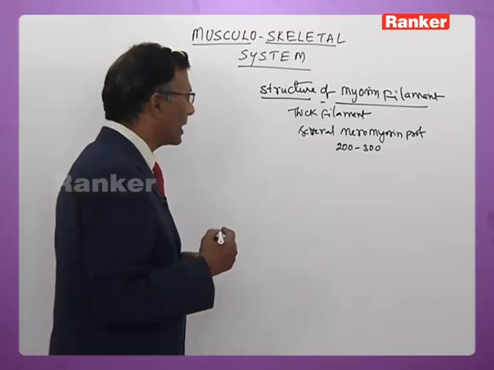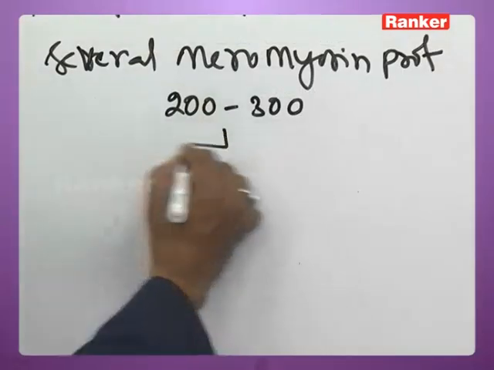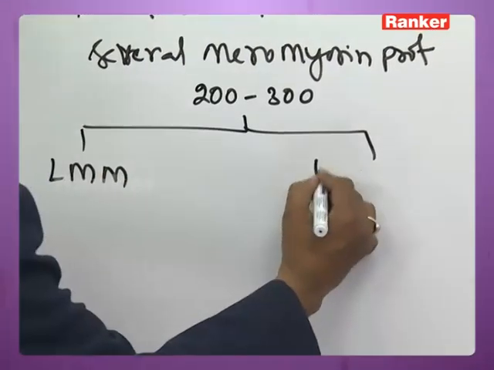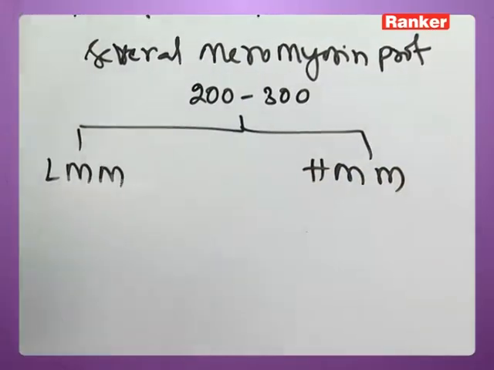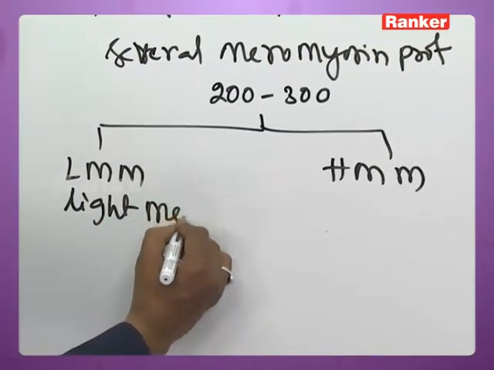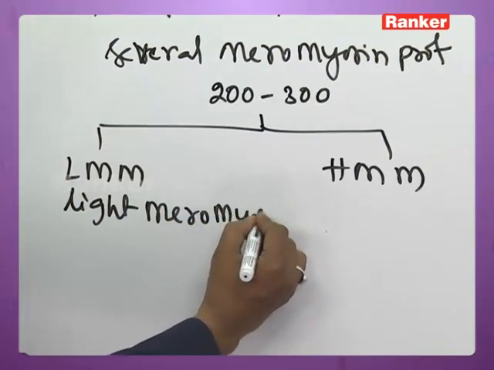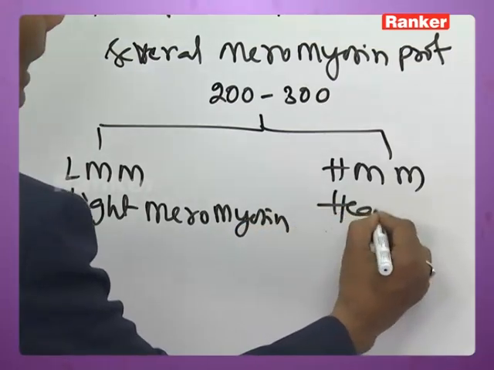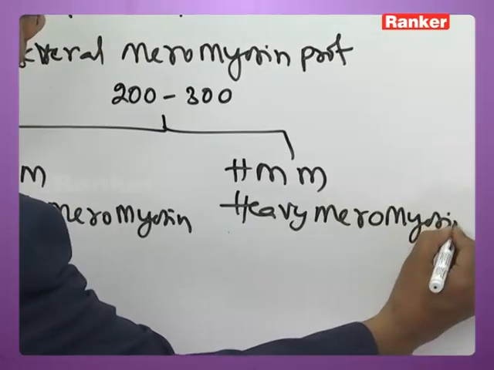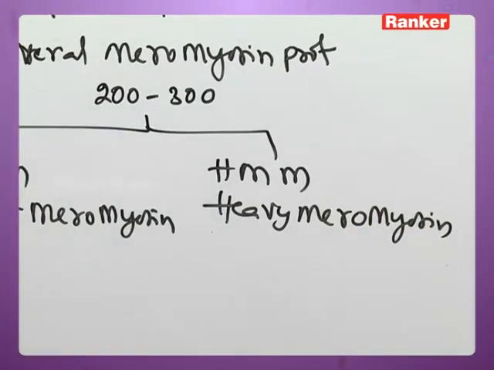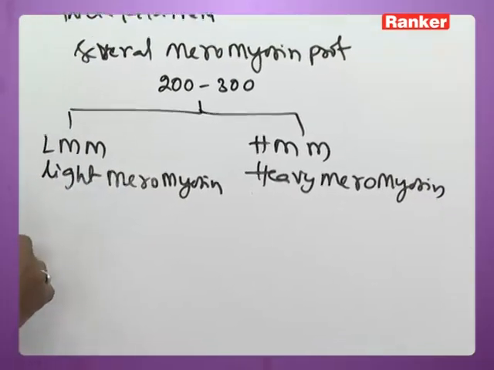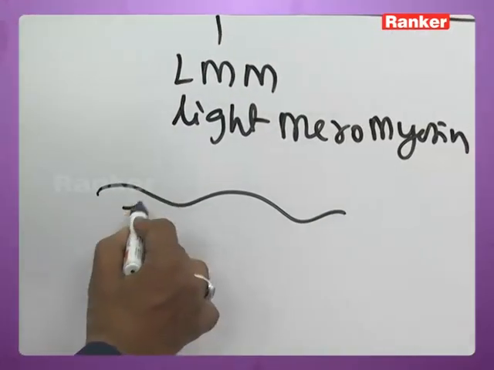Now this meromyosin is of 2 types. We call them LMM and HMM. What does LMM stand for? Light meromyosin and heavy meromyosin. The light meromyosin forms the tail part of the myosin filament.